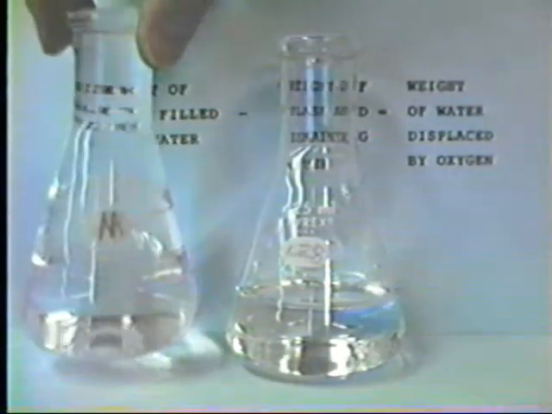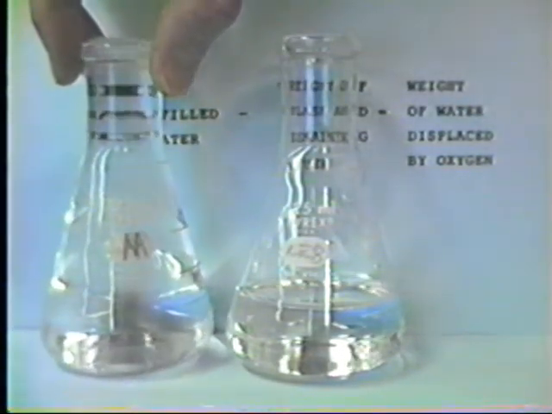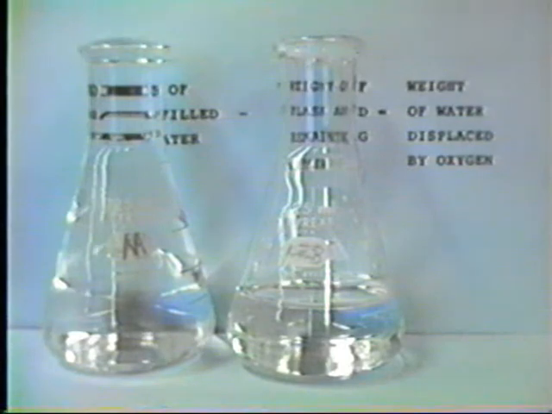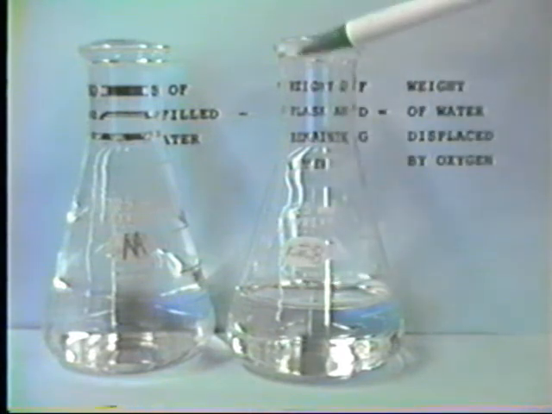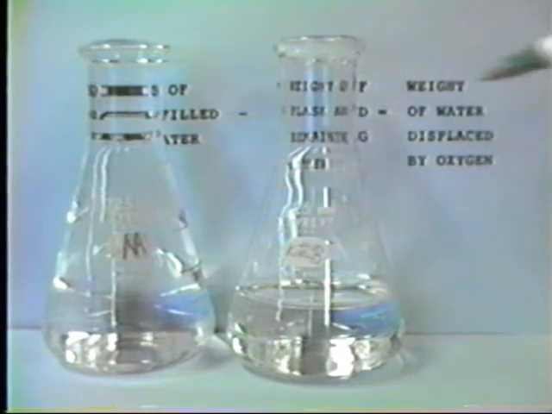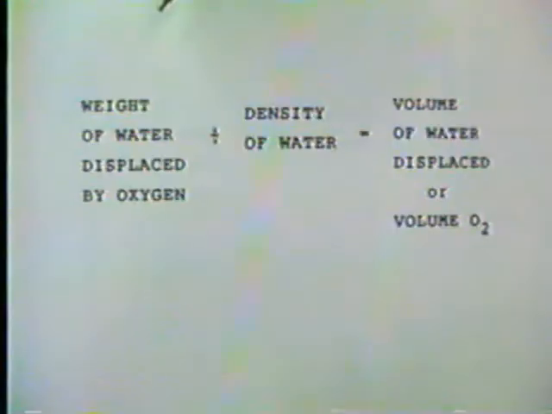So we'll have these two weights represented by the two flasks here. The difference in these two weights will tell us how much water was displaced by the oxygen. So we will know the weight of the water displaced by oxygen.